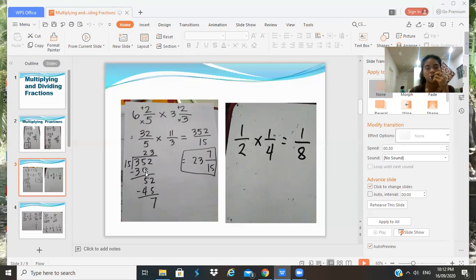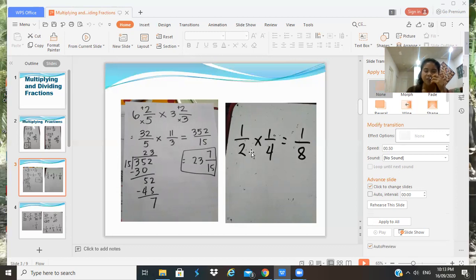So 35 minus 30 is 5. Bring down 2. 52 divided by 15 is 3. 3 times 15 is 45. So 52 minus 45 is 7. So that's why we have 23. Our answer is 23 and 7 over 15.